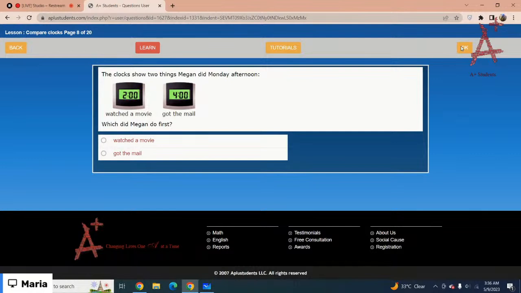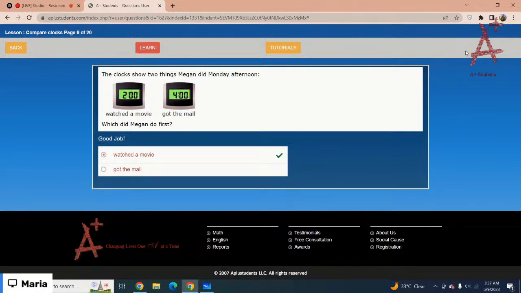So, which is the correct option? 2 is earlier than 4. Got it? That means he watched a movie first and then he went to the mall.